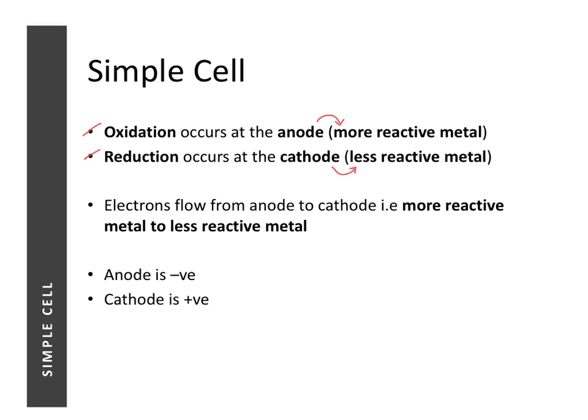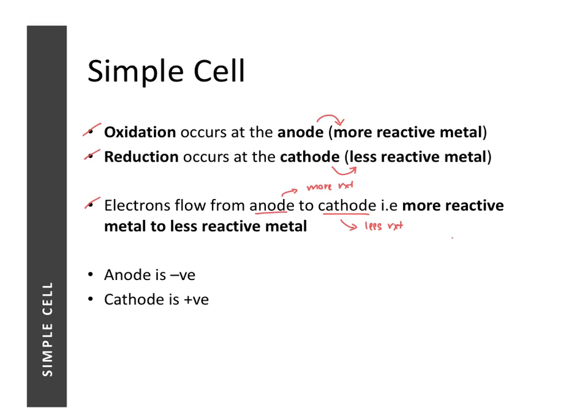Next, regardless of whether you're looking at an electrolytic cell or a simple cell, electrons always flow from the anode to the cathode. This is true for both cells. Specific to the simple cell, your anode is the more reactive metal again, and your cathode is the less reactive metal. So when you compare a simple cell and an electrolytic cell, there's only one difference.